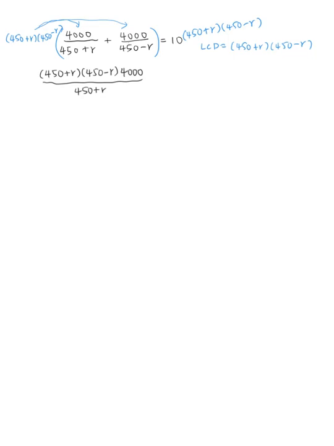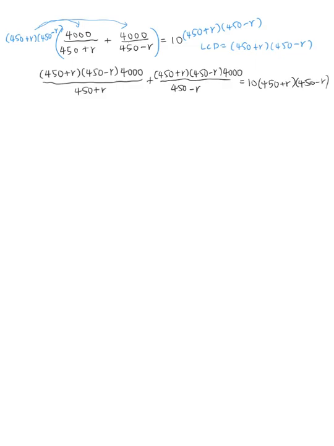And if I distribute the same quantity to the next term, we get plus 450 plus r, 450 minus r, times 4,000 all over 450 minus r. And on the right hand side, we're going to have 10 times 450 plus r and then 450 minus r.